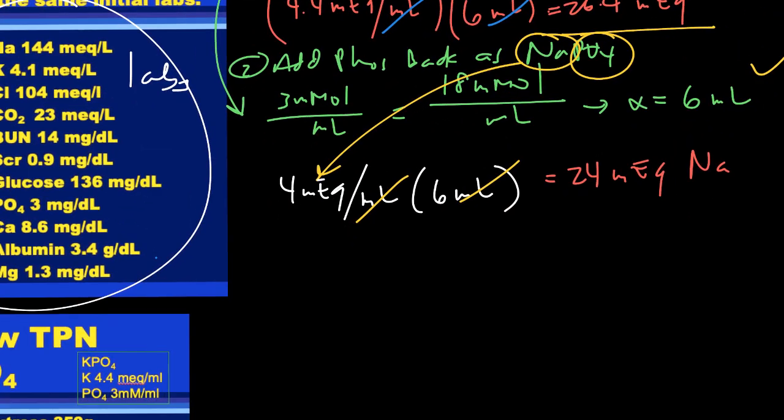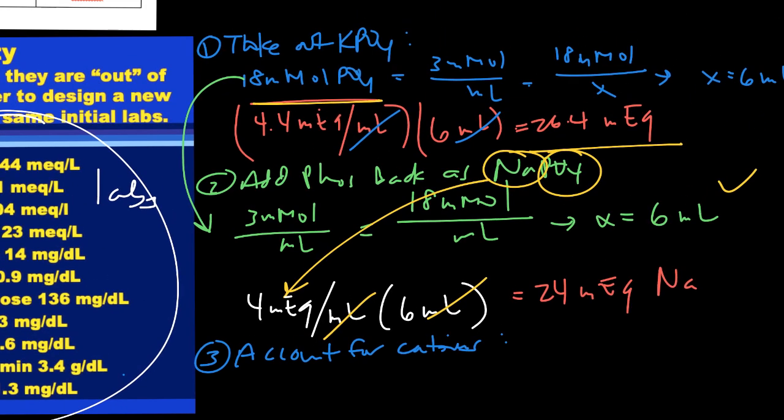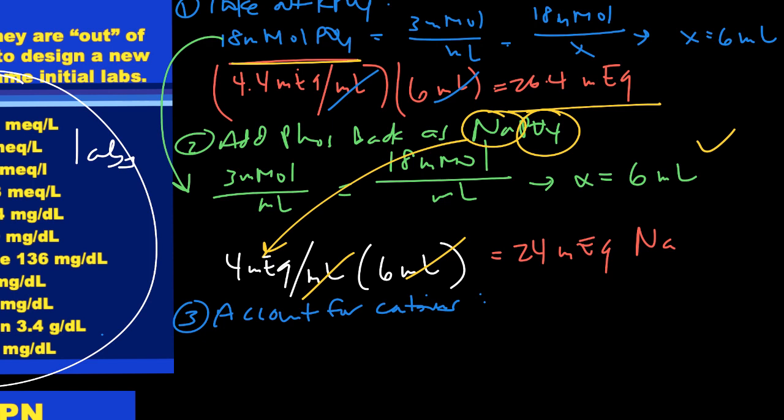So remember, number 3, account for the ions, for cations. You know that you lost 26.4.